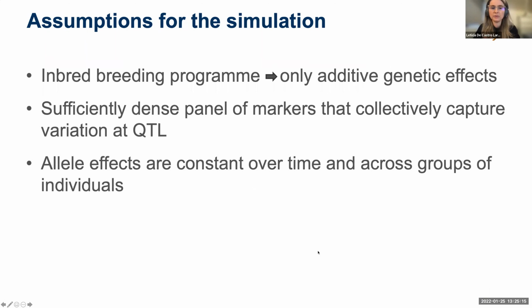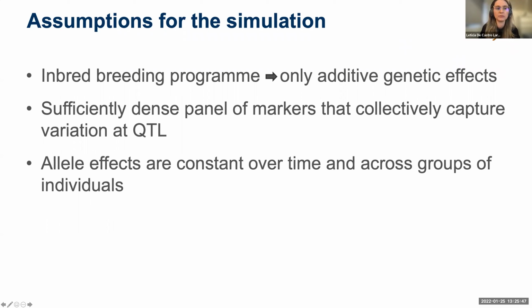Well, every simulation study has assumptions. For this study, we are simulating an inbred breeding program, so consequently we assume only additive genetic effects. We could also assume epistasis, additive by additive effect, but we wanted to focus on the main effects, so we accounted only for the main additive effects.